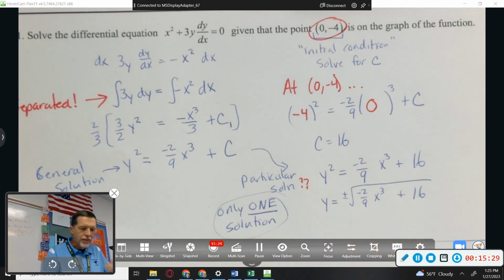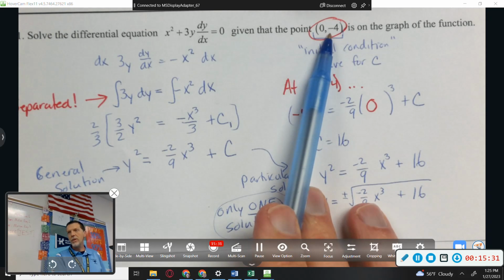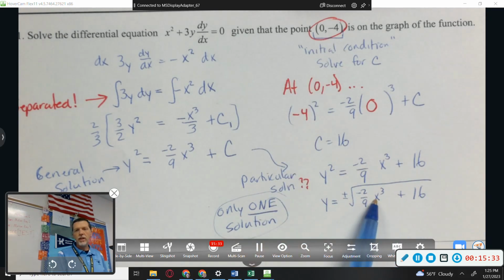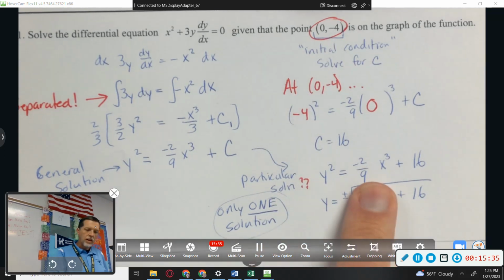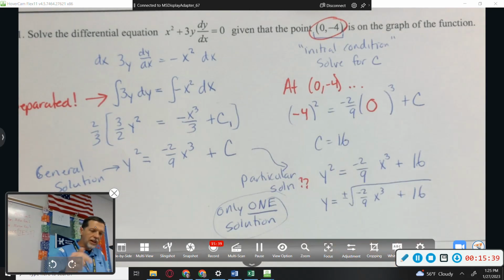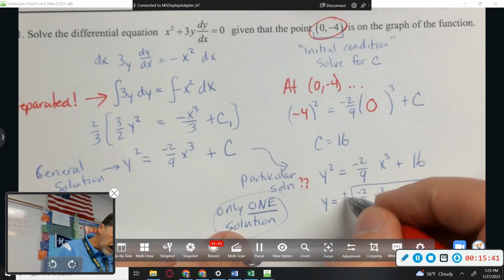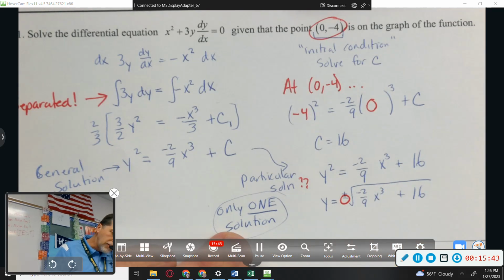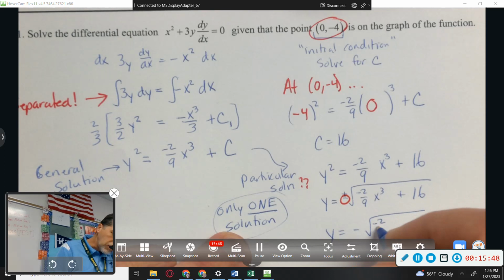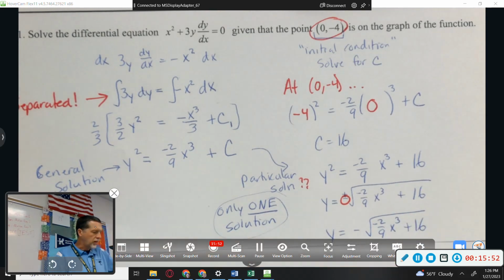I want the negative because my answer is going to be -4. If I plug in 0, I get square root of 16, which is 4, and you want the negative. But it said -4, so I'm going to pick the negative for this one. So y equals negative square root of 2/9 x cubed plus 16.